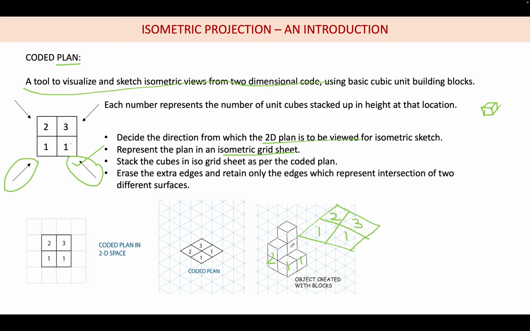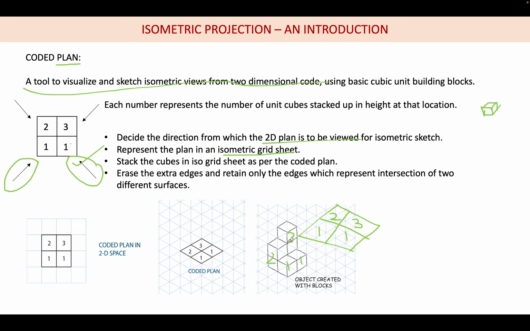Can anybody say why? You can see only 2, but 3 should be there. So yes, correct, the basement. This cube is hiding the basement cube. Like this you have stacked 1 1 2 3, same 1 1 2 3.